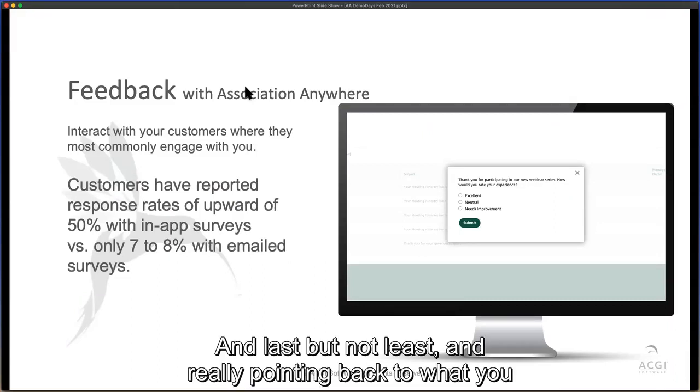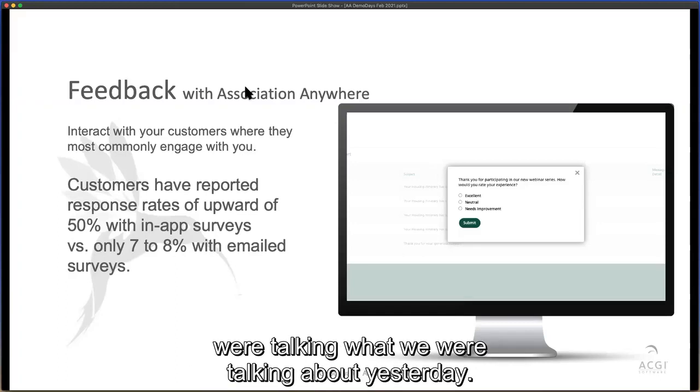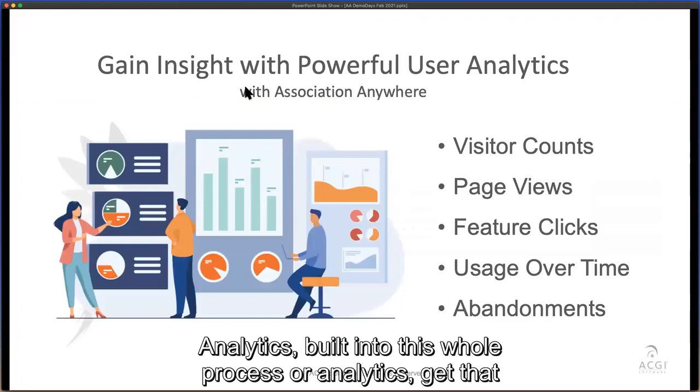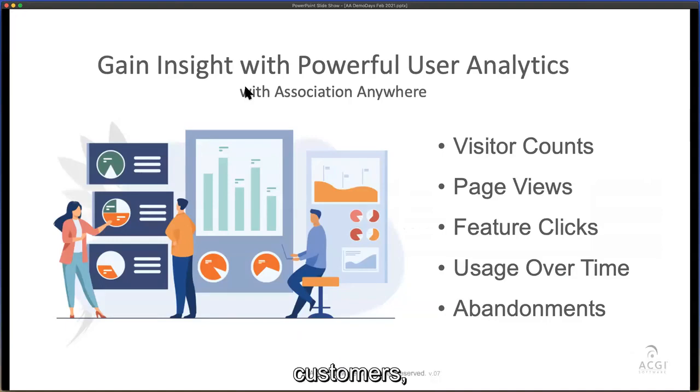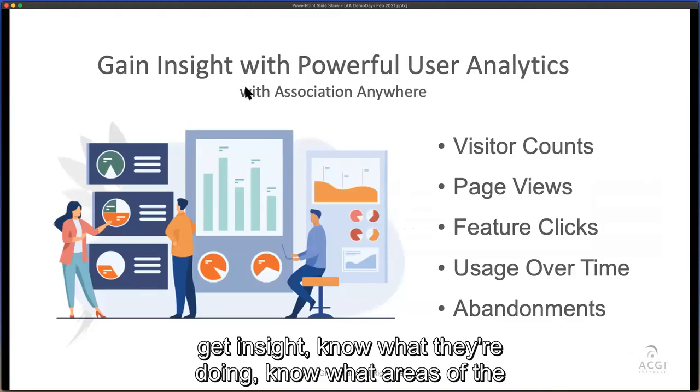And last but not least, and really pointing back to what we were talking about yesterday, analytics. Built into this whole process are analytics. Get that insight. Understand the who, the what, the where of your customers. Get insight. Know what they're doing.